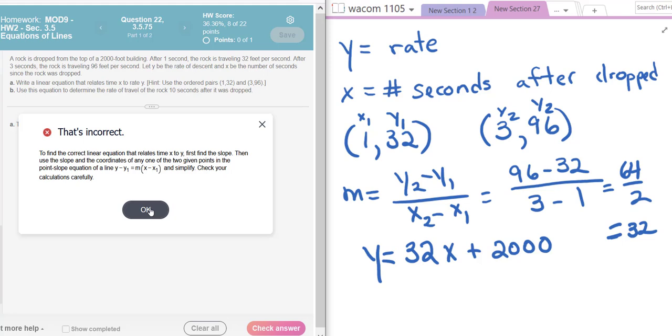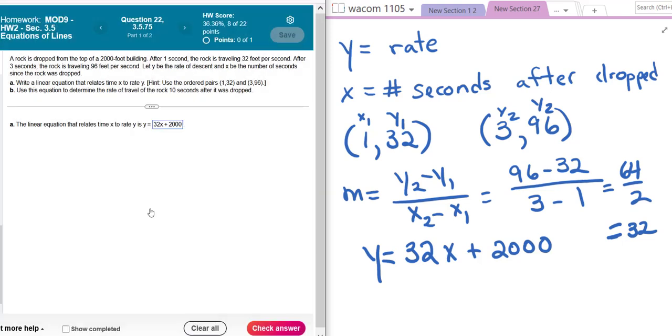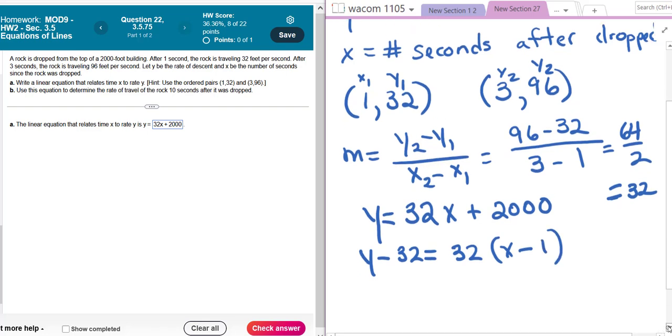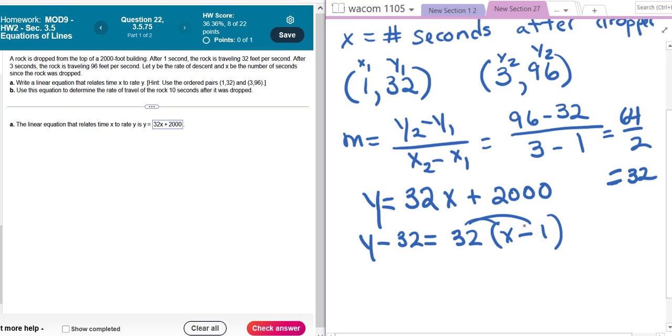So y minus y1. They're saying I should have gone through the point slope form. So y minus y1, 32, equals m, which is also 32, times x minus x1. All right, and this is 32x minus 32.